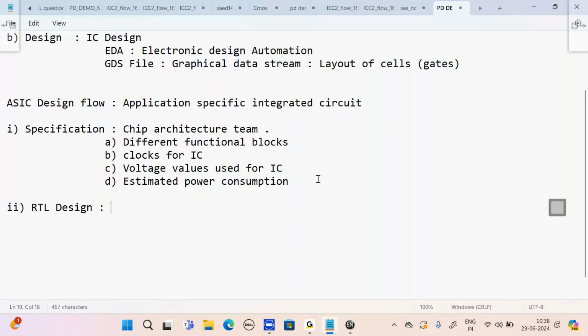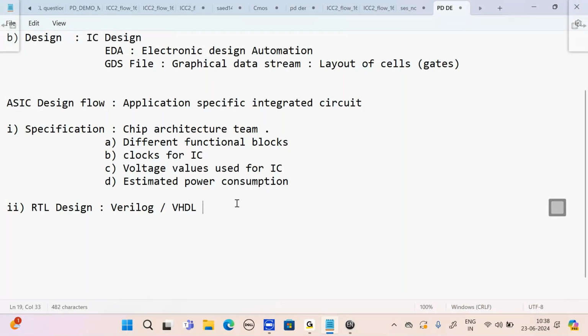So then what is RTL design? What do we do in RTL design? We use Verilog or VHDL to describe the circuit, right? So you know what Verilog or VHDL is, right?